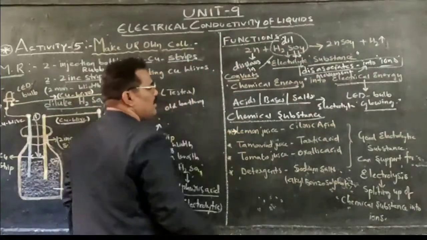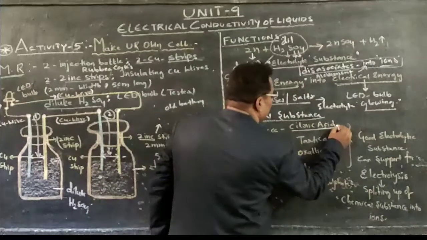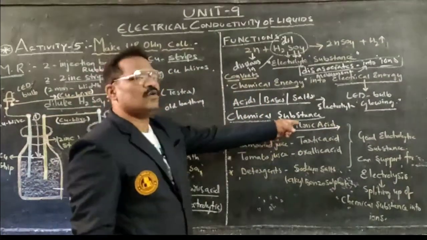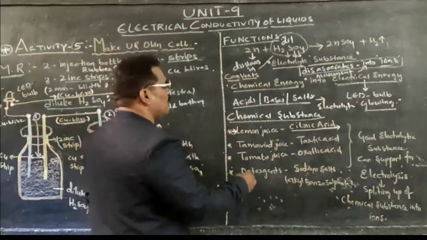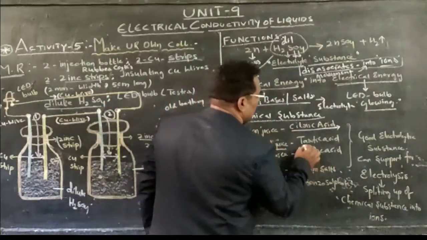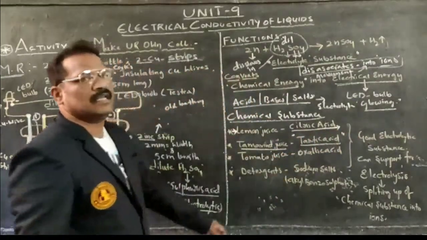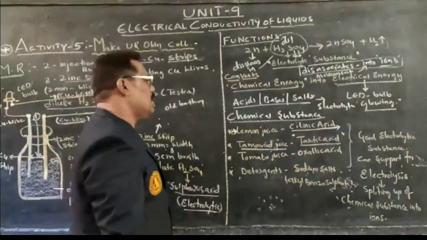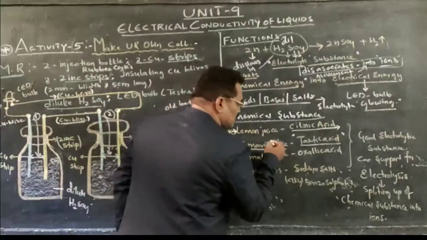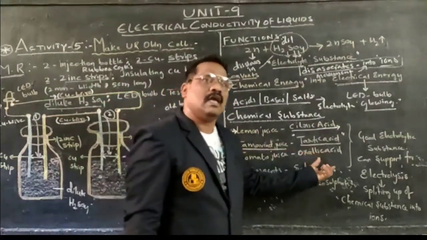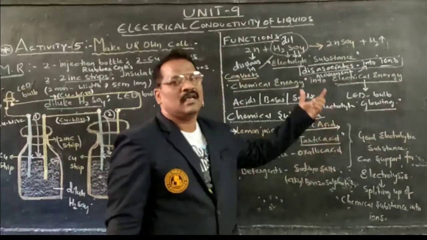If you take lemon juice, it consists of an acidic substance called citric acid, which is a good electrolytic substance. Tamarind juice consists of an acid called tartaric acid. It is also a good conductor. Tomato juice consists of oxalic acid, citric acid, as well as malic acid.